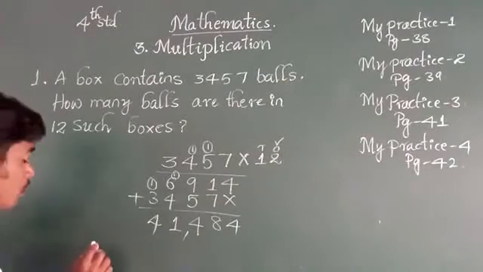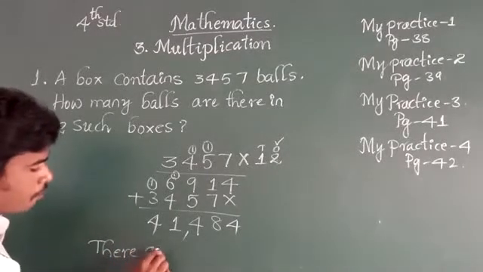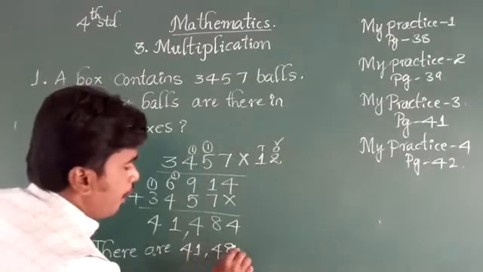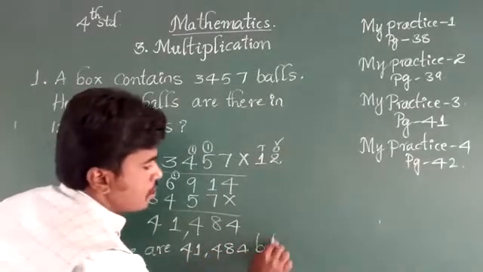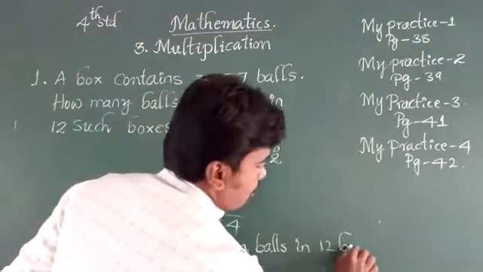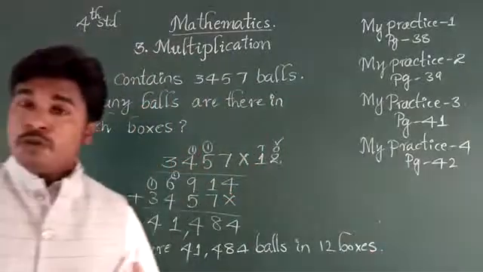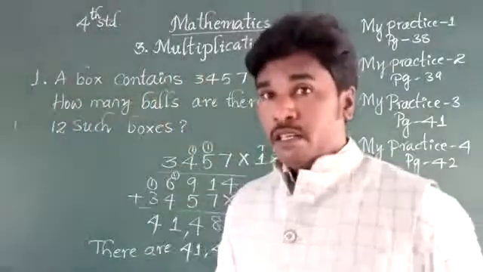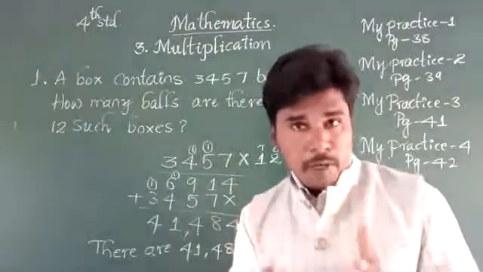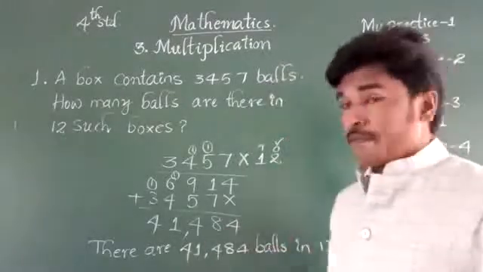Therefore, there are 41,484 balls in 12 boxes. So you can do the problems in this method. I hope, dear students, you can do the problems by yourself, because these are very simple problems.